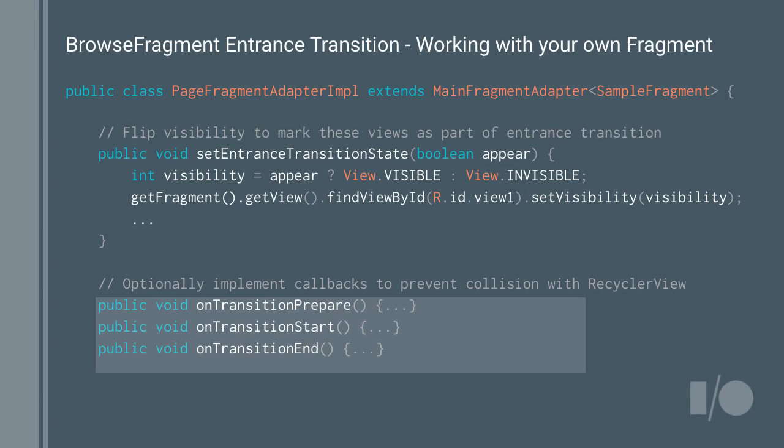It disables the layout when transition starts. And it re-enables layout and re-enables animation when transition finishes. Remember, these are optional. Only if your custom fragment is also using RecyclerView, you need to listen to these callbacks.